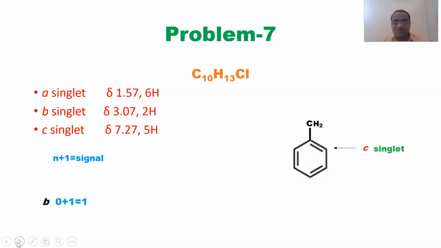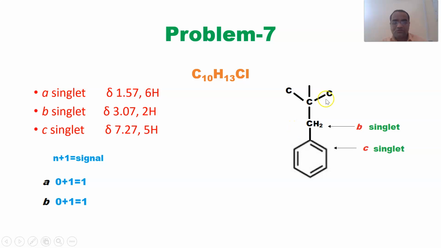So here it is 2H, so we have put 2 hydrogens on that carbon. It is showing a singlet, so the adjacent one should not have any hydrogen atom.